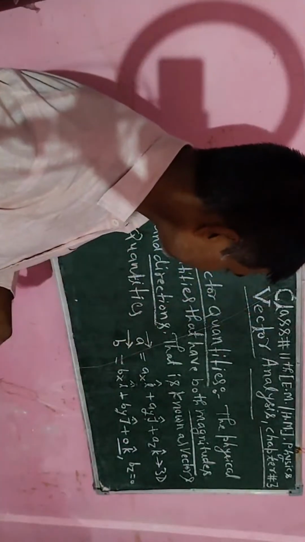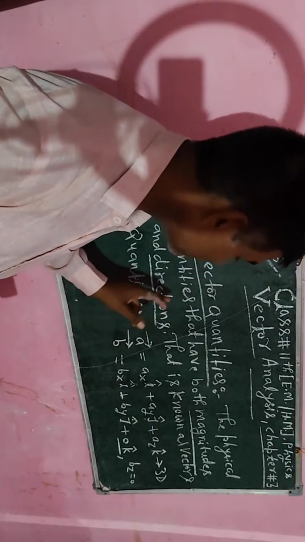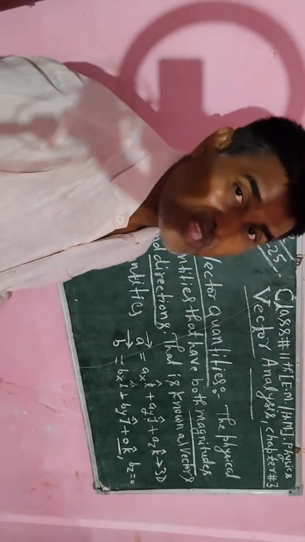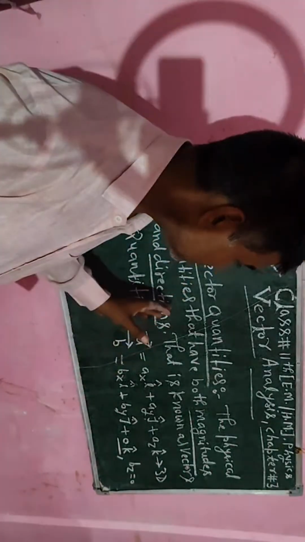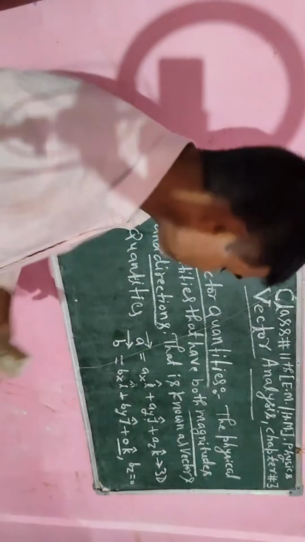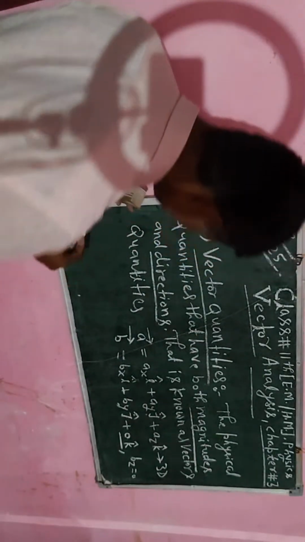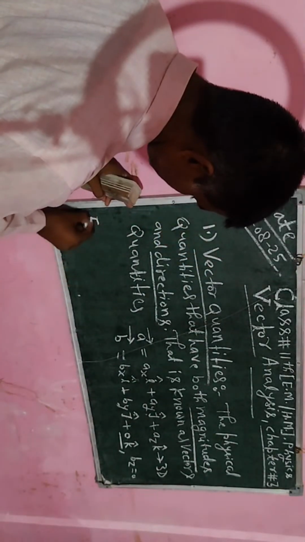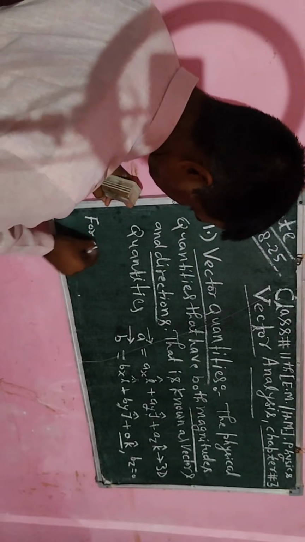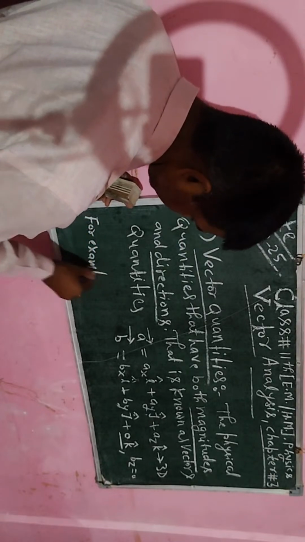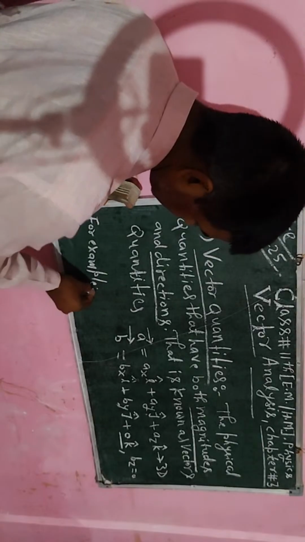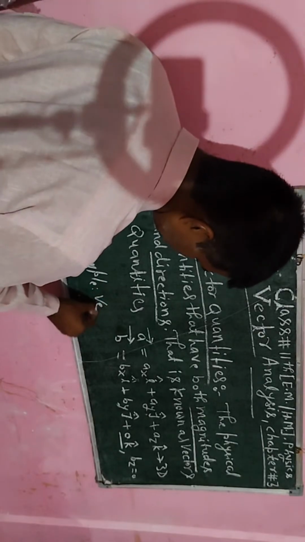Now for example, some physical quantities we have to write here. Those physical quantities will be vector quantities, right? For example, velocity.